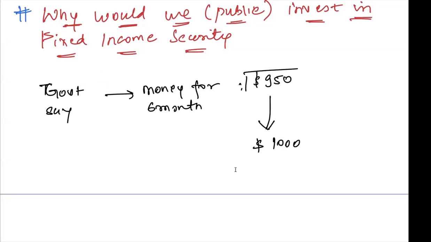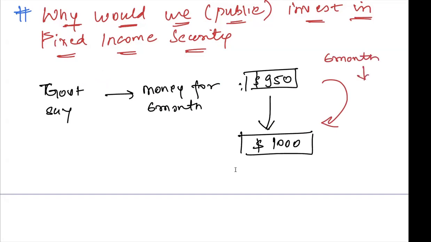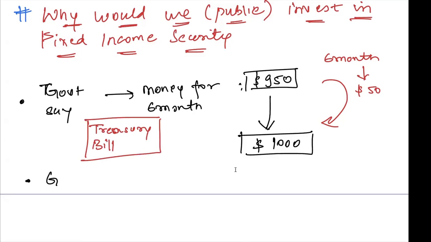So after 6 months, you get $50, right? You know that this is your fixed income. And this is an example of what? Treasury bill, because a bill is for less than 1 year. The duration here is 6 months. So this is an example of a treasury bill.